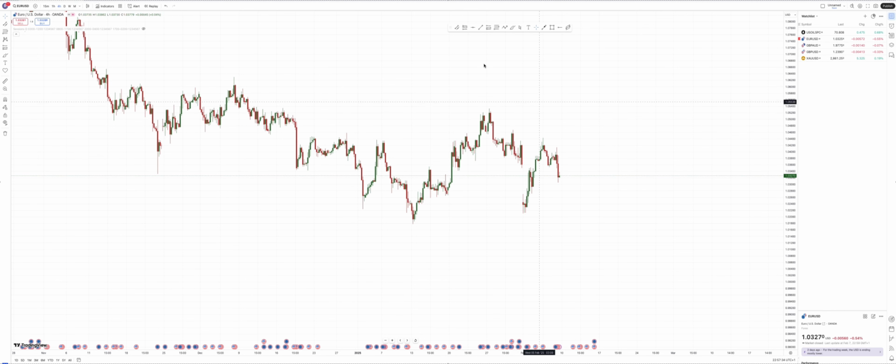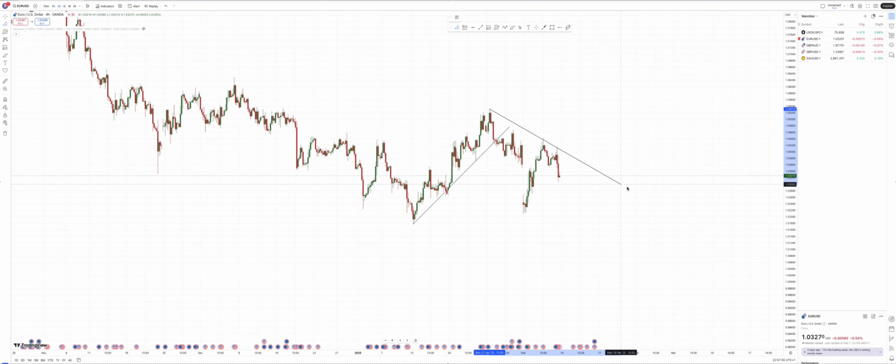Price was formerly on this trend line, then price broke through this trend line, and now price creates something like this for us. So this is what I'm seeing on Euro USD right now.